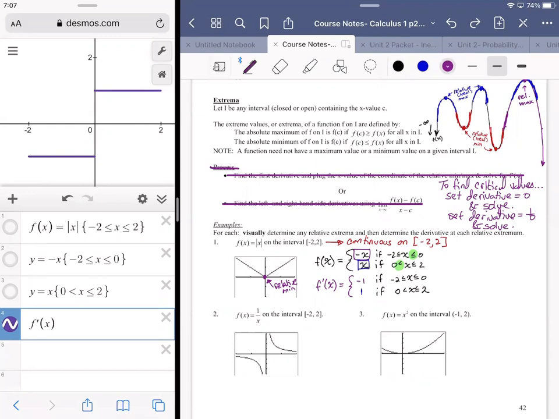So what we would do here is identify, based on limits, whether or not the derivative really even exists at that location. So what I would say is the limit as x approaches 0 from the left of my derivative, and the limit as x approaches 0 from the right of my derivative.